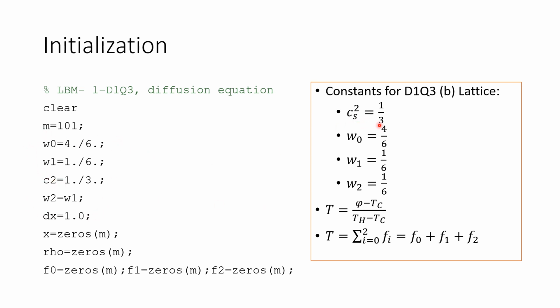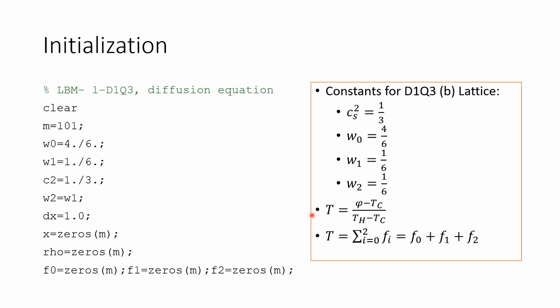So cs squared is equal to 1/3, and then w0 is 4/6 or 2/3, and w1 and w2 are 1/6, and M would be the number of lattices. So we are using M equals 101, but we are actually using 100 lattices. This will be explained later.